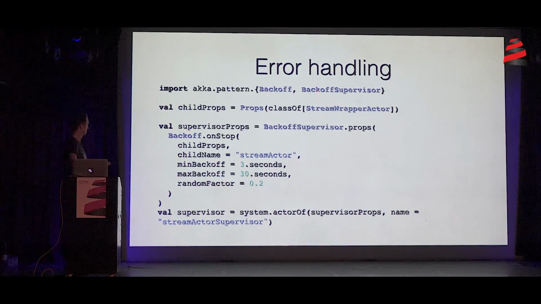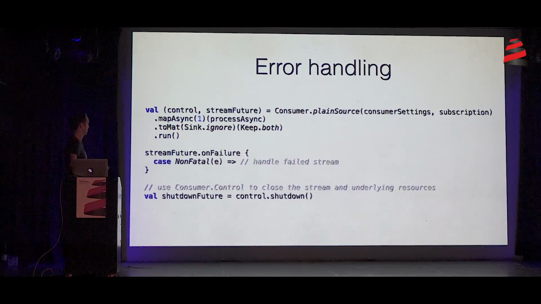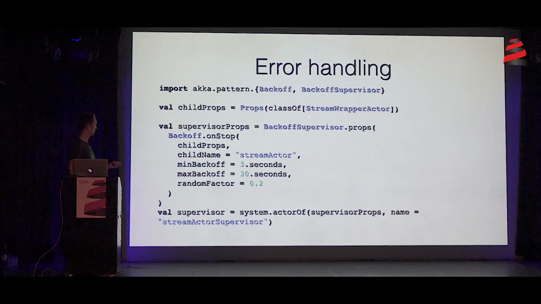So there is this back-off supervisor in Akka, a very useful thing. If we have an actor, a stream wrapper actor, for example, which is an actor running our stream, and there is a failure inside this actor, we handle it by killing the actor, and we wrap this actor with a back-off supervisor. It will try to restart the actor using back-off retries.